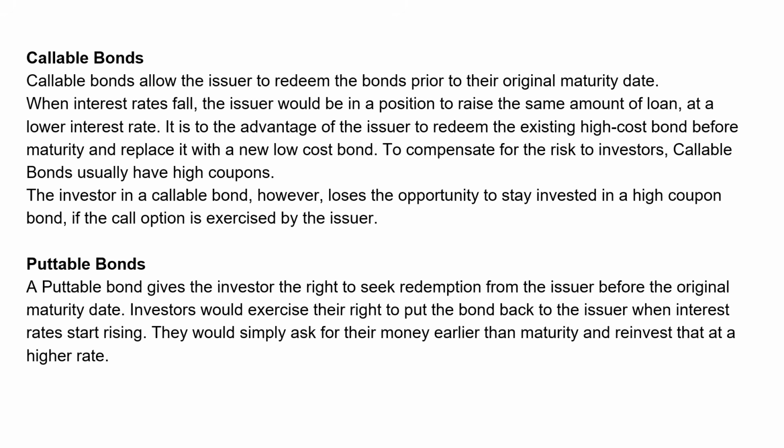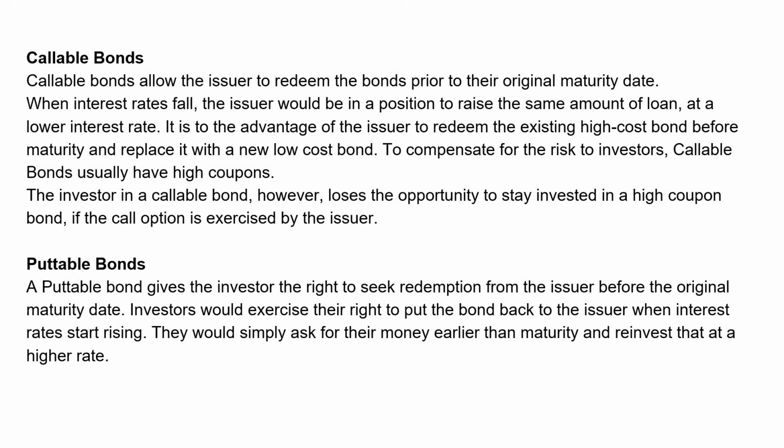And he issues a bond with a duration of, let's say, 10 years, and then he comes across a situation where the interest rates are falling. Then the issuer has the opportunity to create a new bond of the same loan amount at a lower interest rate. So it would be advantageous for the issuer to redeem the existing high cost bond before maturity and replace it with a new low cost bond.